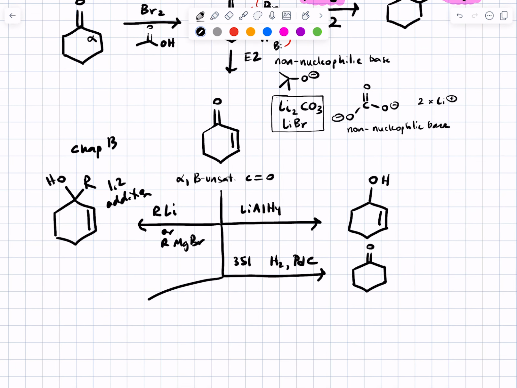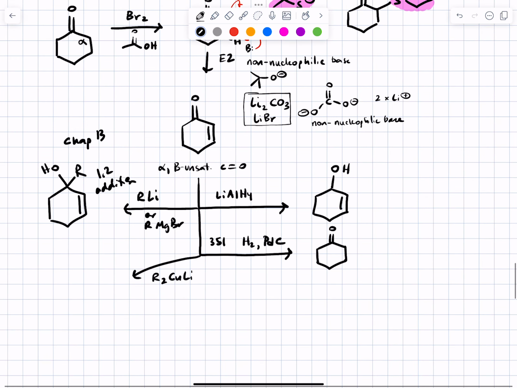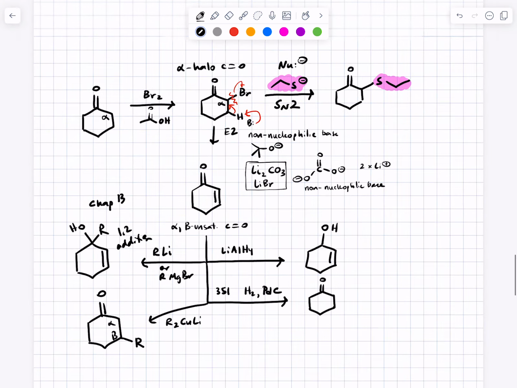And we learned in chapter 13 of 352 that you can use cuprates to add the nucleophile not to the carbonyl carbon, but to the beta carbon. So that's sort of a review of a lot of things thrown at you all at once, but it's larger synthetic pathways that are now enabled by the fact that we can put a halide on the alpha carbon.